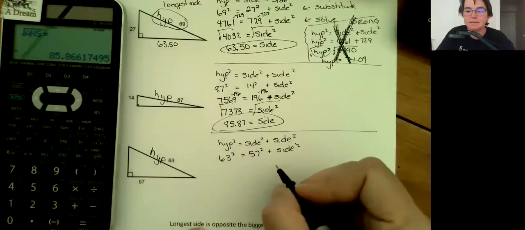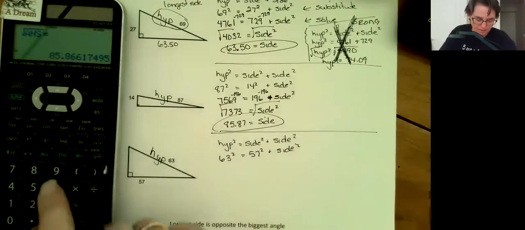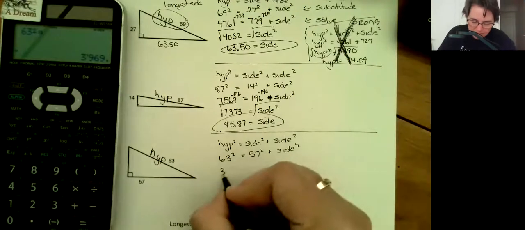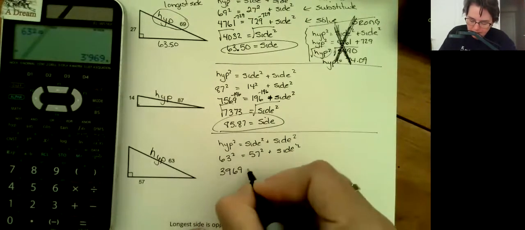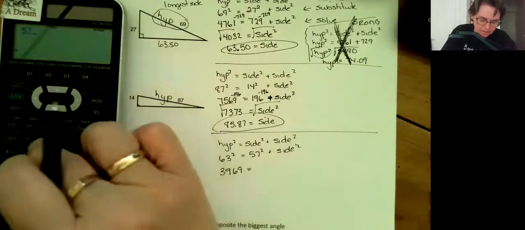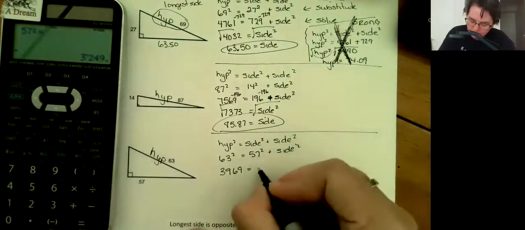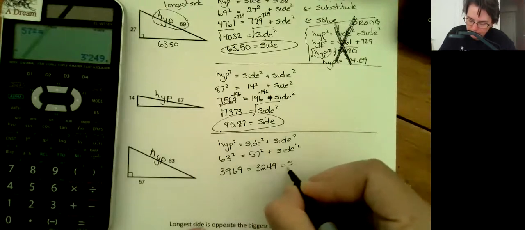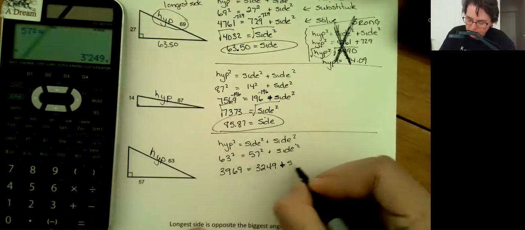I'm practicing in case you get tired of looking at the top of my head, so I'm trying to look at the screen and write, and it doesn't always work so great. 63 squared, boop, 3969 equals, I did it again. Plus.